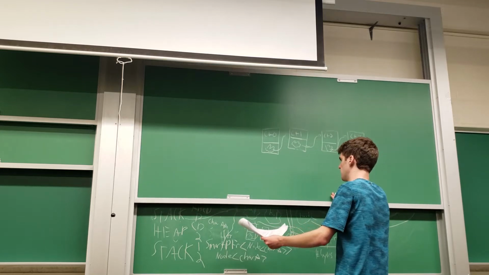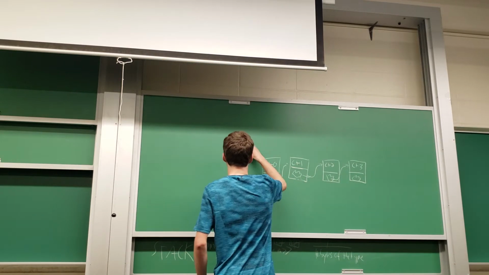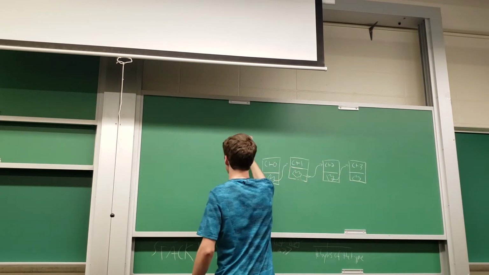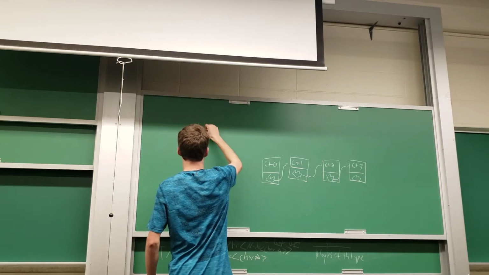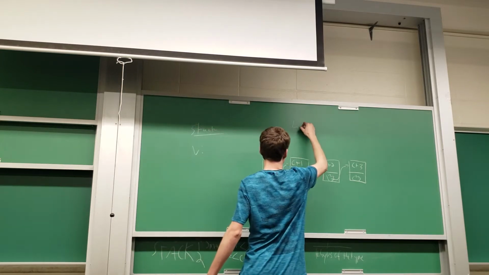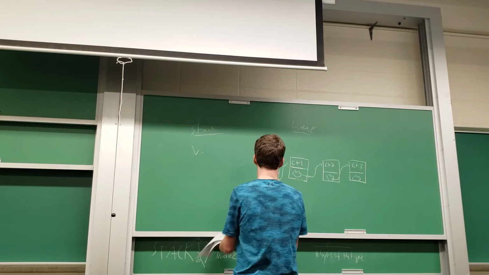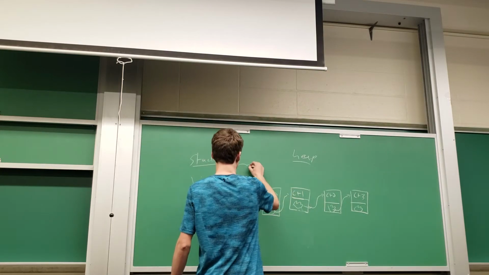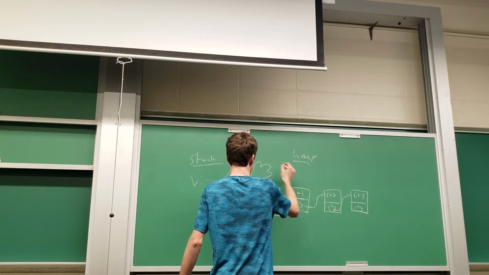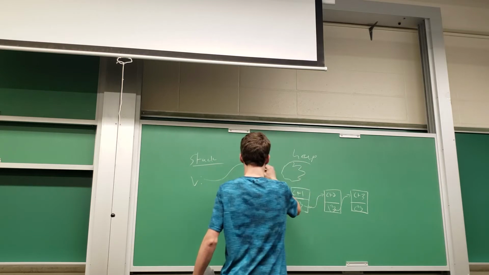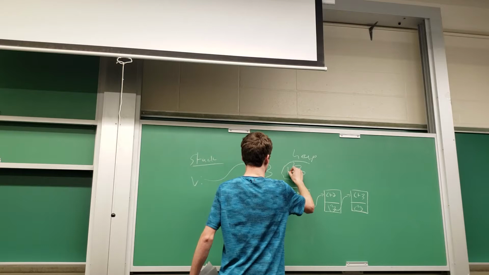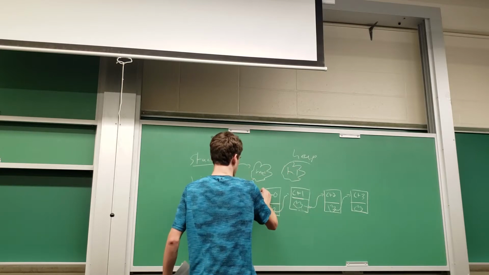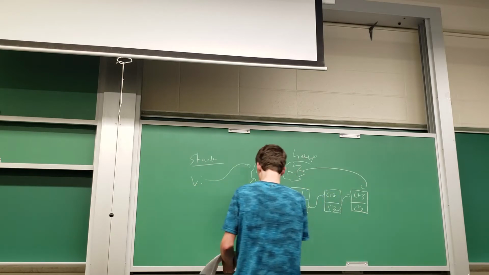And we had our vector, which is back here, and then on the heap we had this. This was the first step of the vector, this was the second one, this was head, and this was tail, and head was pointing here, and tail was pointing there.